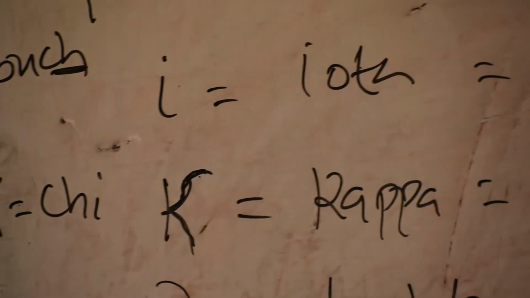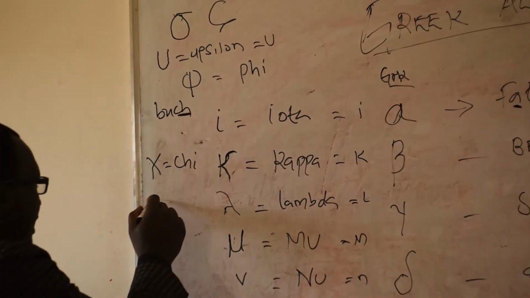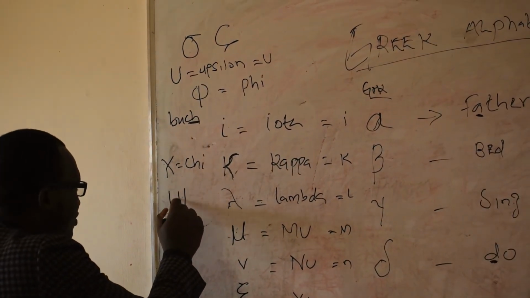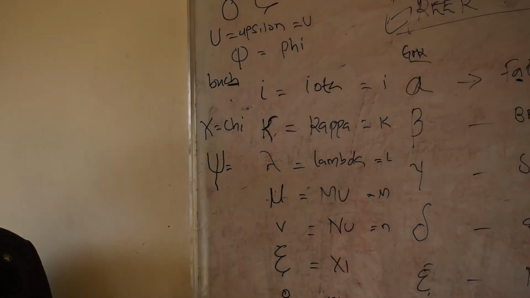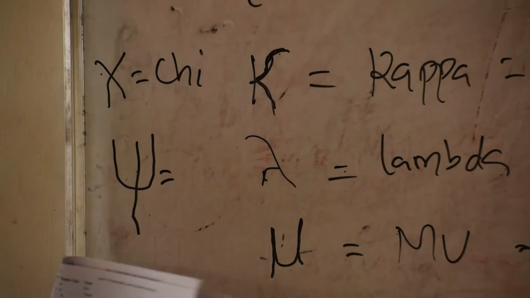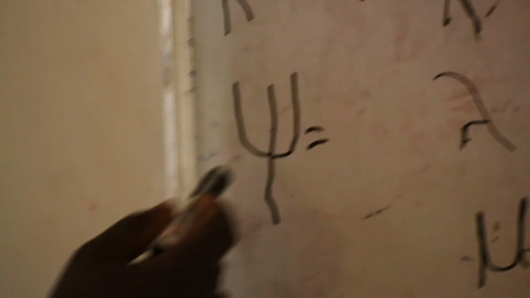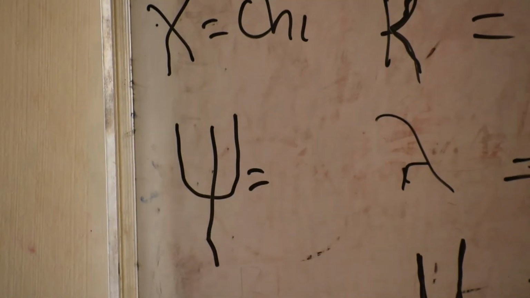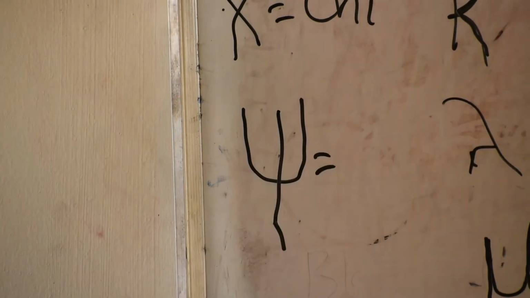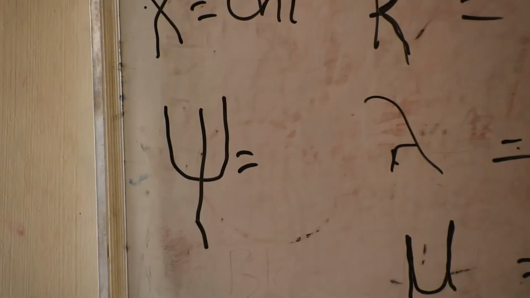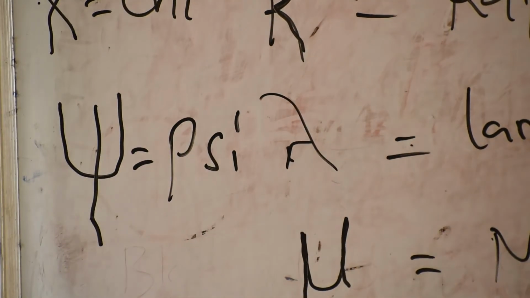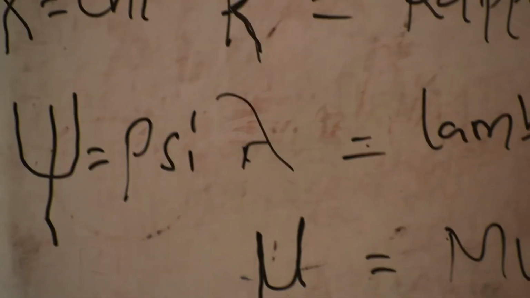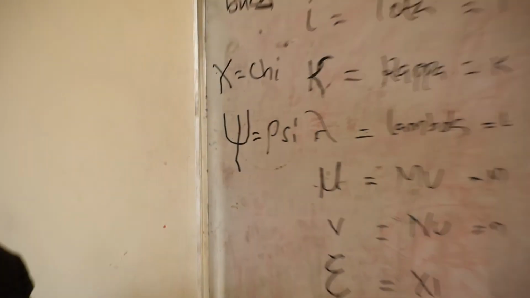The second last one appears like a fork, but it's not a fork. Are you able to see the symbol? Yes, I think the symbol is clear. This is the symbol of the next alphabet, the psi, which we can give an example of in the word hips.